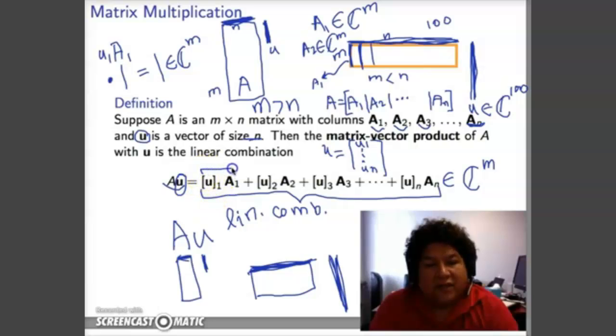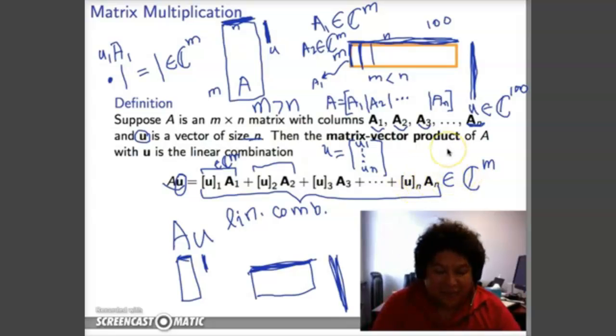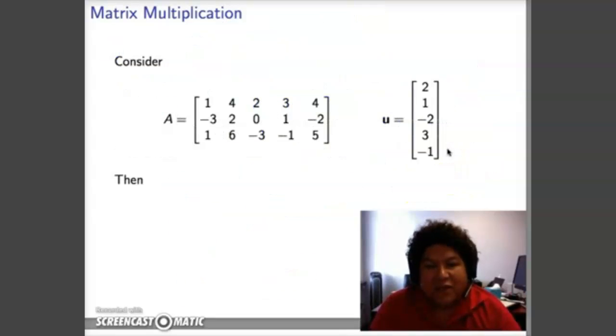This is an m-vector, and so is the second term, another vector with m entries. So is the third term in this linear combination, and so is the last term. So when you add up all those vectors, because of the properties of closure under addition, you're still considering a vector in C^m.